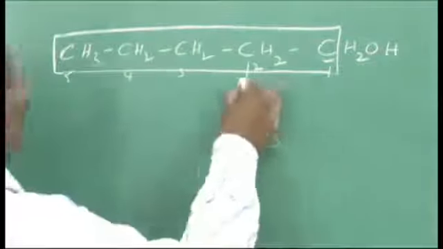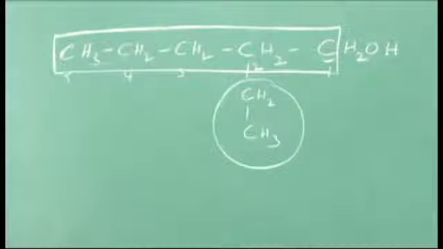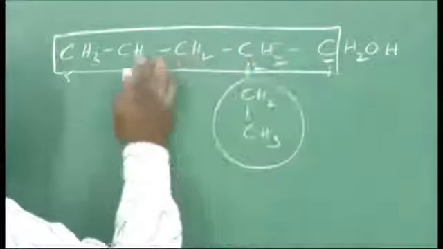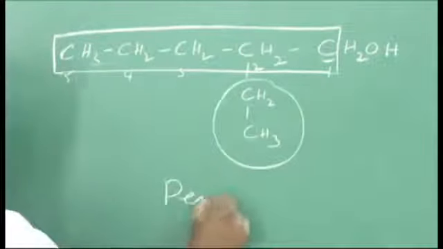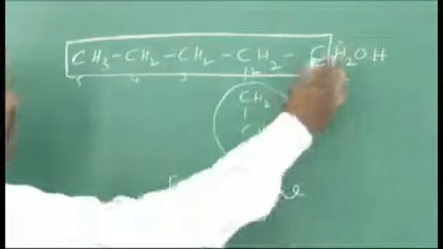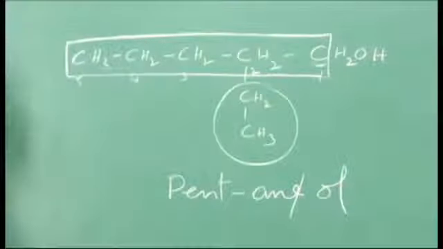In the second carbon we have one ethyl group. So the name of this compound: the root word is pent, plus ane. OH group is there, so ol, that is pentanol.